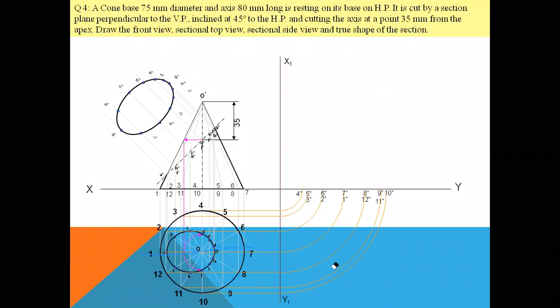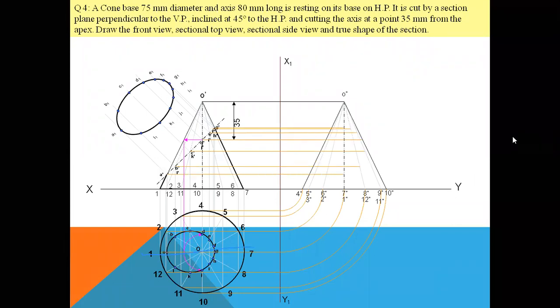For the side view, I'll just rotate this and I will get the side view similar to the previous case. So I'll take the projections of all the points. From this side, this point A dash will come at the center, right?